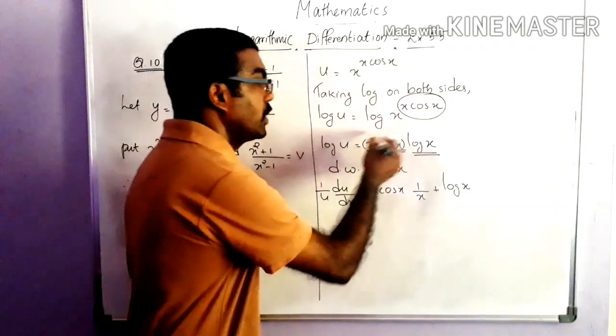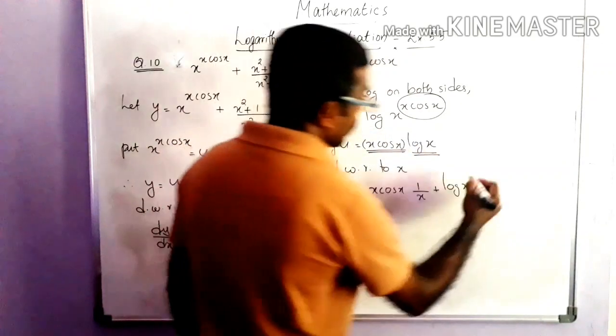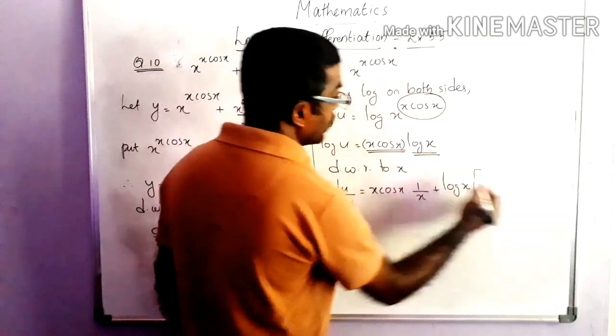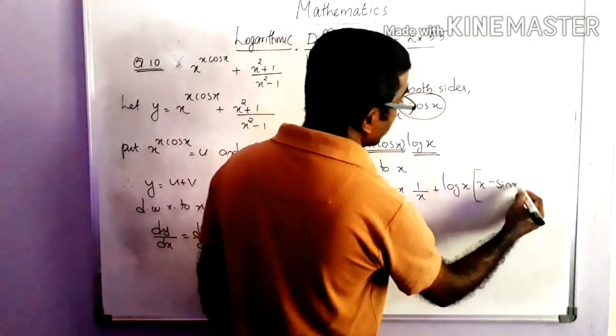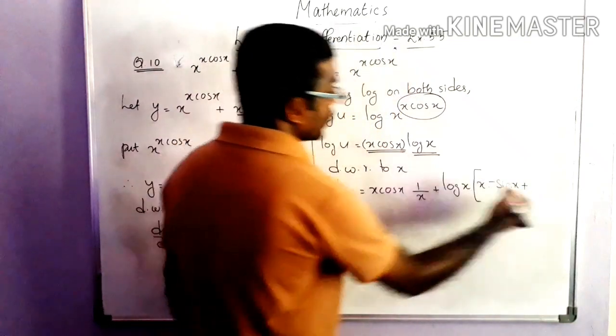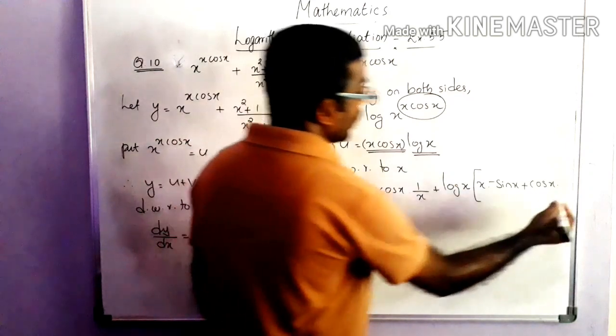Here also we have to apply the product rule because there are two functions. Okay. So here first function x into derivative of cos x is minus sin x, then plus cos x into derivative of first function, that is derivative of x, and it is 1.